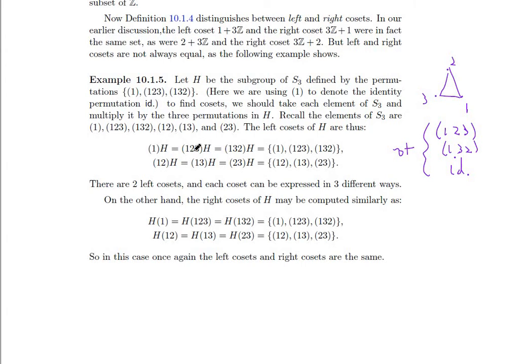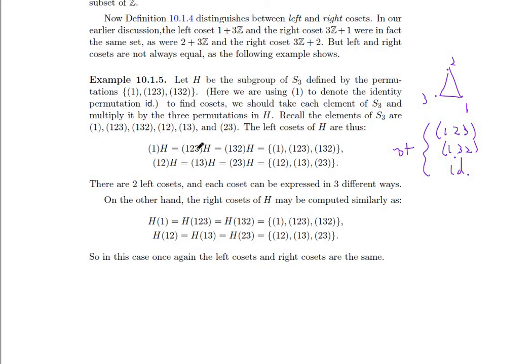But suppose instead I take this rotation (1 2 3) times every element in H. You can work out that (1 2 3) times 1 is just (1 2 3). (1 2 3) times (1 2 3) turns out to give you (1 3 2), because (1 2 3) is a rotation by 120 degrees, and if I rotate again by 120 degrees, I get the 240-degree rotation.